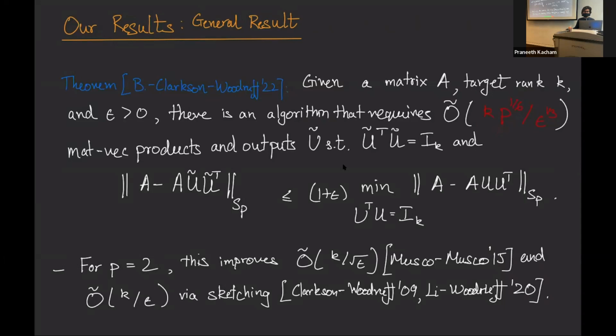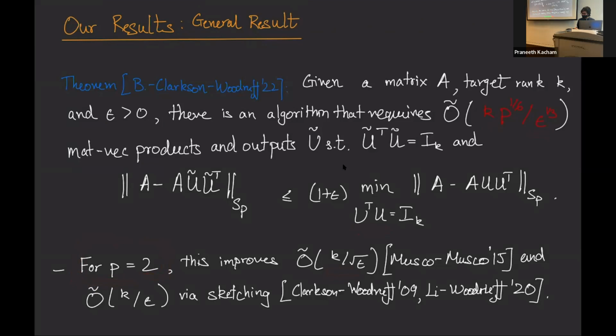Why does that algorithm depend on p? Okay, good. This is the formal result. The number of matrix vector products is k p^(1/6) over epsilon^(1/3). The guarantee is that over all rank k projection matrices, you find a 1 plus epsilon approximation to opt. In particular, for the special case of p equals 2, which was studied before by Musco and Musco, we improve on their bound, which is k over root epsilon.